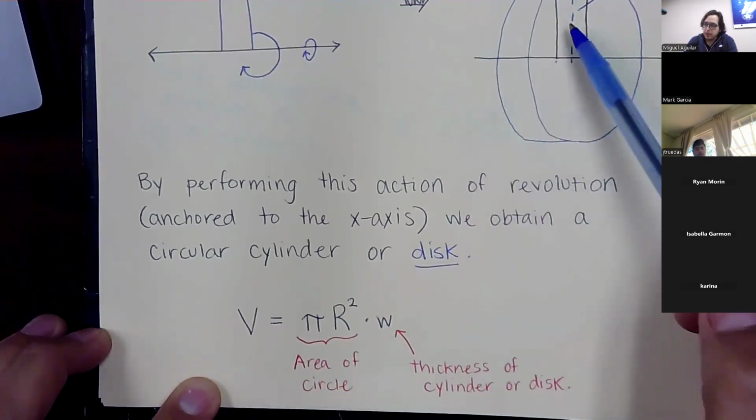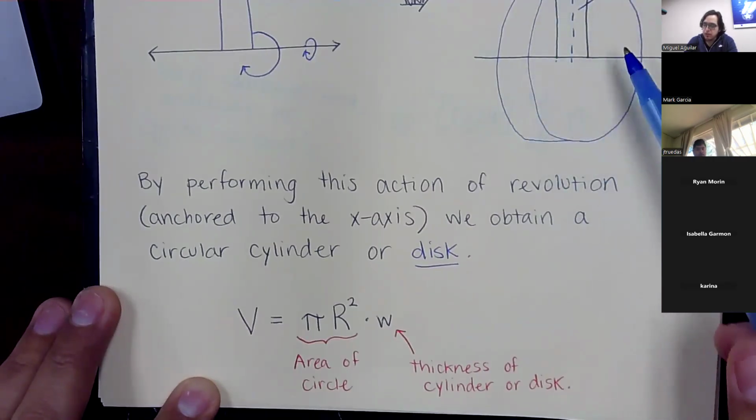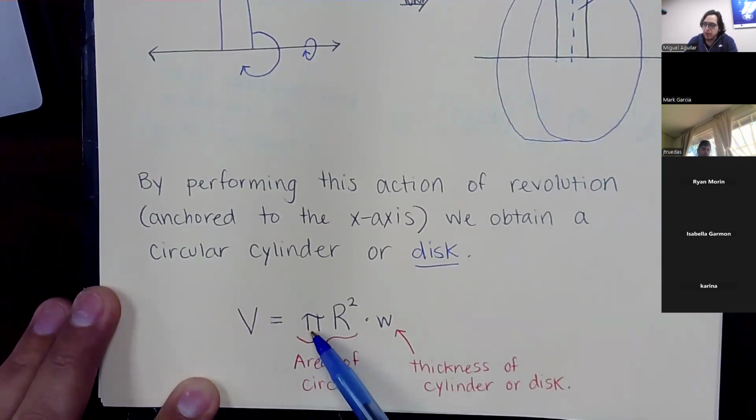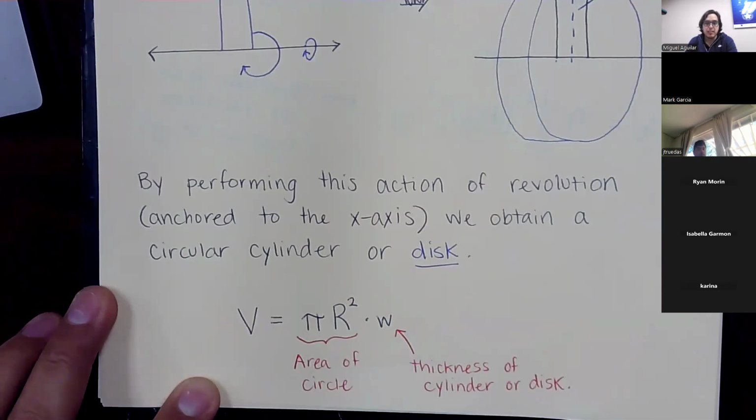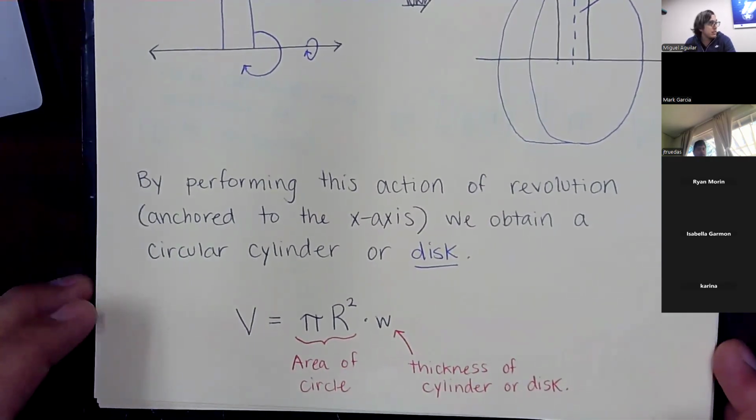So we can think about getting the entire volume for this disk or this wheel by just taking pi r squared, the area of the circular face, and then multiplying it by how thick that cylinder or disk is. Okay. Does that seem like a simple idea?